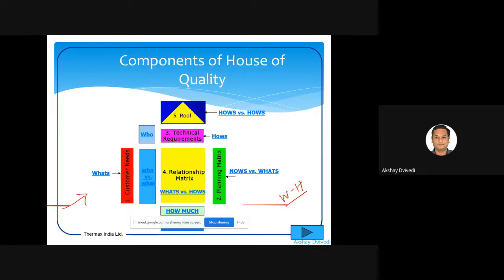The second W is what this particular customer wants. The third W is why this particular customer wants this particular thing. The fourth W is when this particular customer will be using this thing, or what is the particular time at which this requirement is needed. The last W is where this particular thing is needed.